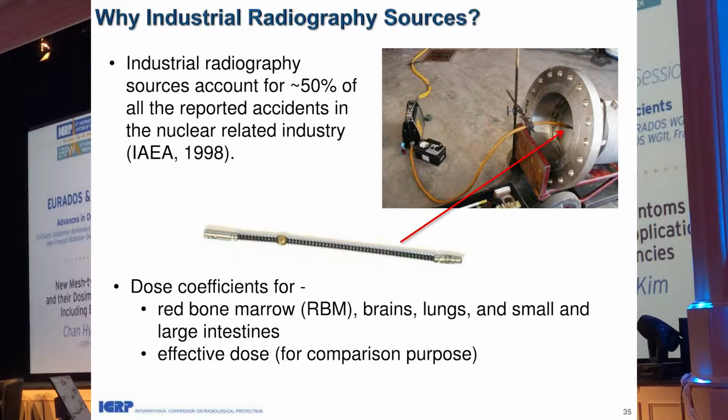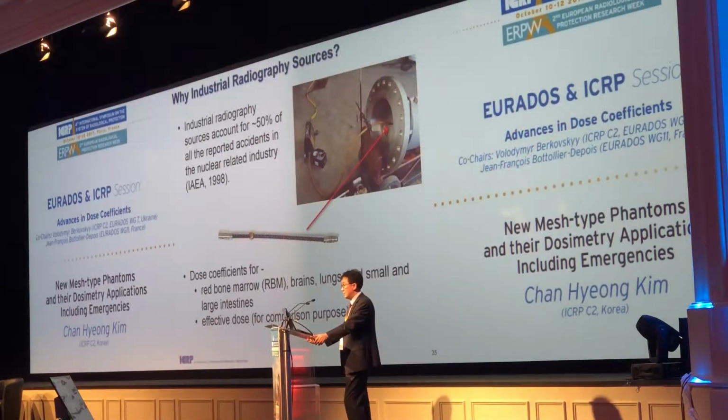Then why industrial radiography sources? According to an IAEA report in 1998, it's quite old, but still, industrial radiography sources account for about half of all the reported accidents in the nuclear-related industry.